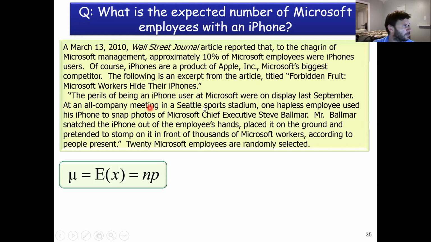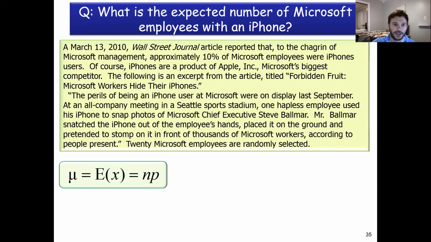Specifically, in an all-company meeting in Seattle Sports Stadium, one hapless employee pulled out his iPhone to take a photo of himself with then CEO Steve Ballmer. And Ballmer snatched the iPhone out of the employee's hand, threw it on the ground, and pretended to stomp on it.